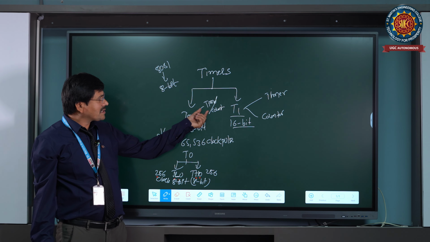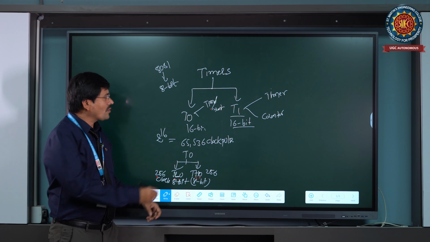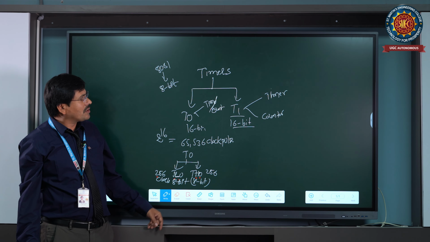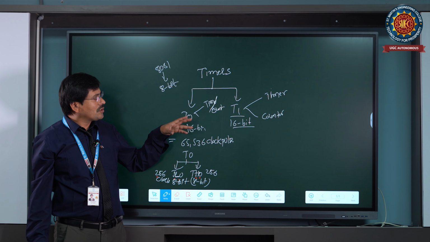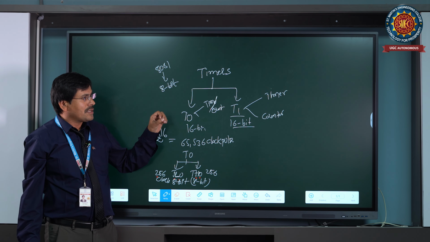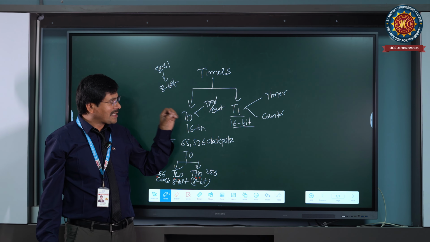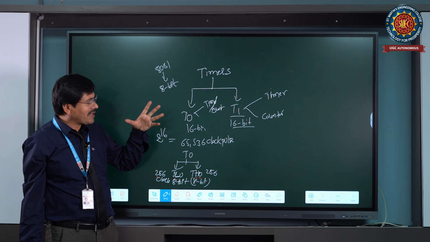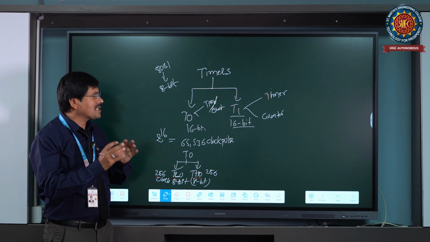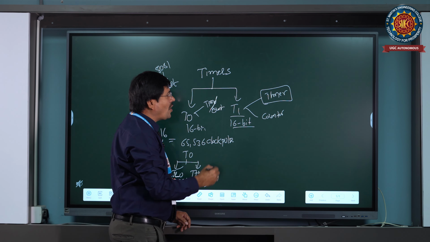So what is the role of the timer and counter in the microcontroller? The timer is used to count the internal clock pulses of the system, those clock pulses provided by the inbuilt oscillator. The oscillator generates some frequency, and that frequency is counted by the timer. How much clock frequency is provided?